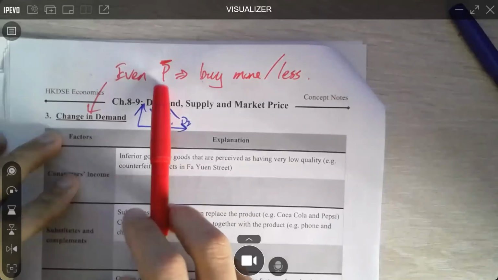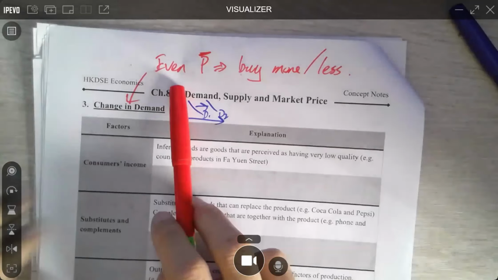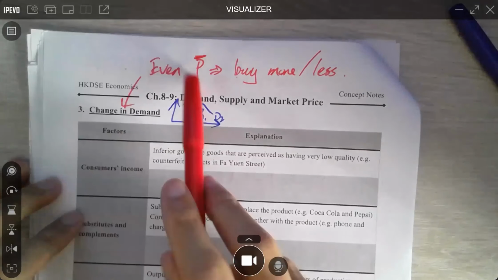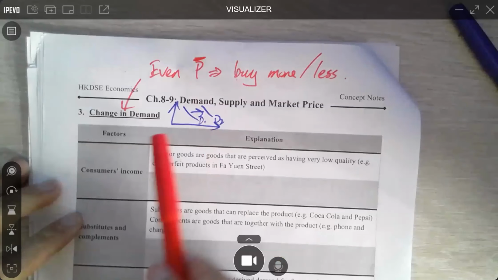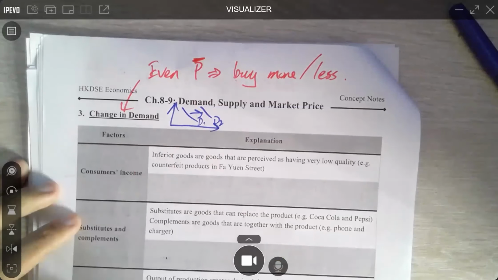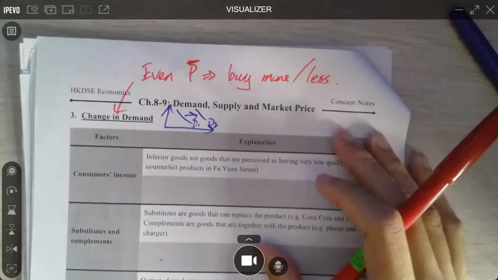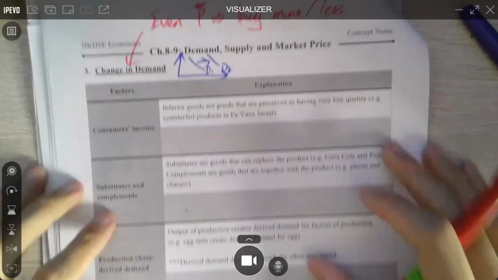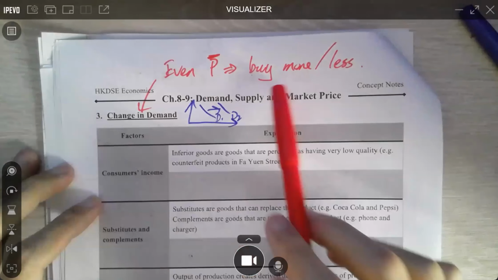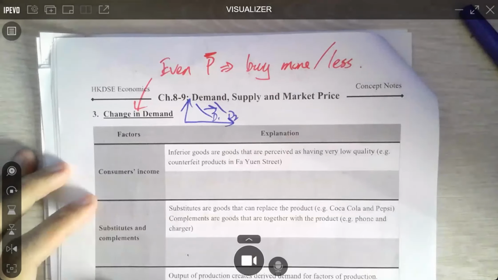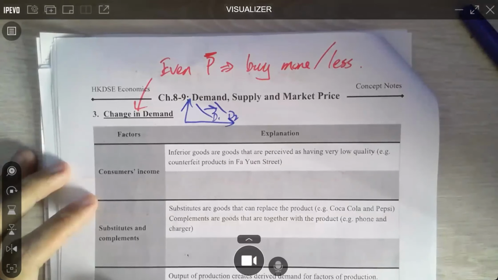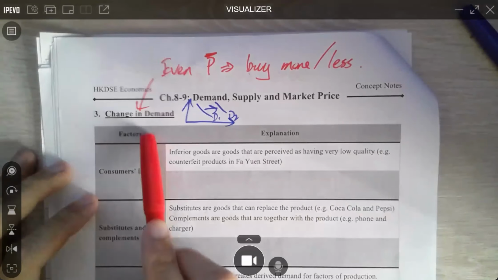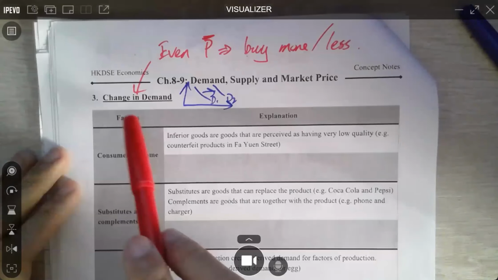So even when price hasn't changed, which most of the time it will, the concept of changing demand is that even if price doesn't change, the quantity I want to buy will still change. So when does demand change? What are the factors?